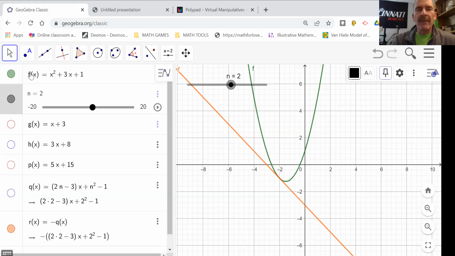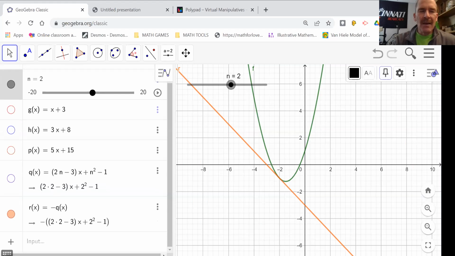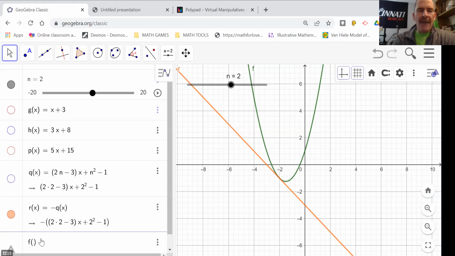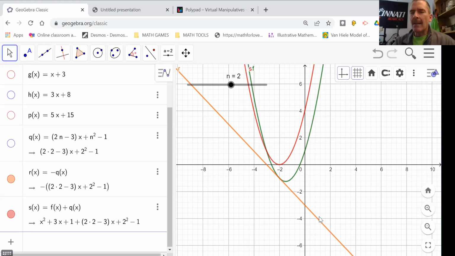My original function was f of x, so I think I could get away with going f of x plus q of x. Now let's watch these things dance back and forth. The orange is the opposite of what I added, and this red graph is the square that has the new things in it.